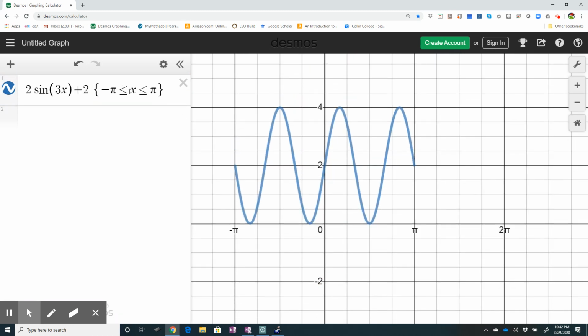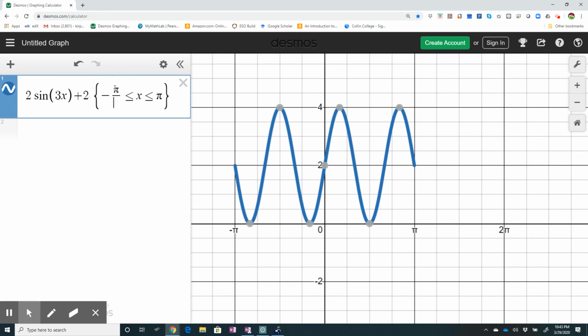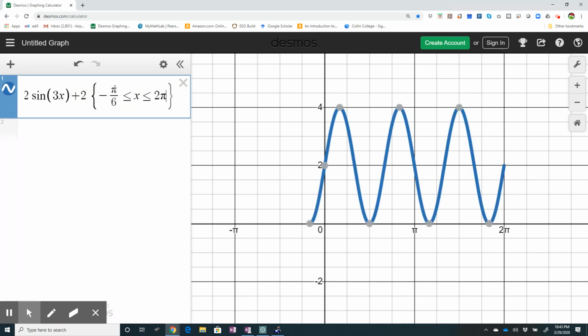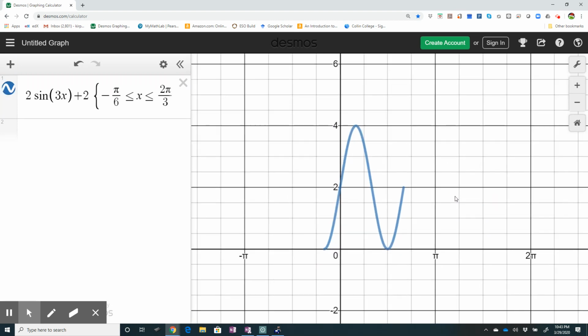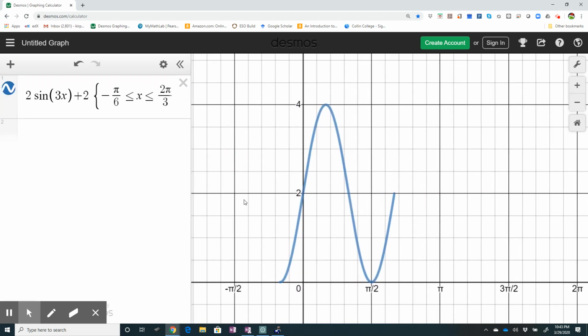There you go. So far looking good. From negative pi over 6 to 2 pi over 3. And that's our graph. Yay.